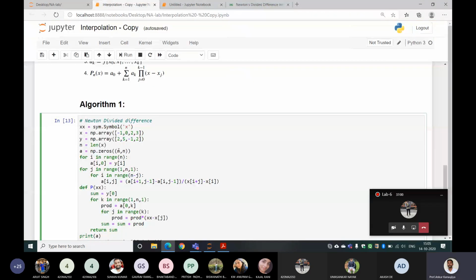So that's why the row i will start in the range n minus j. n minus j means it will start from 0 and go up to n minus j. Suppose you are starting with column number 5, if the j value is 5, it will go to n minus 5. Right? Suppose the last column, what is j for the last column? n minus 1.